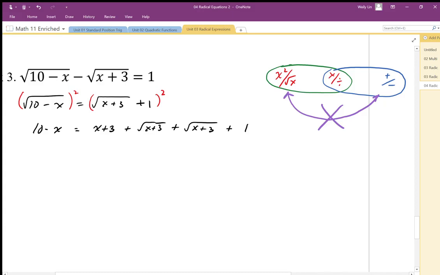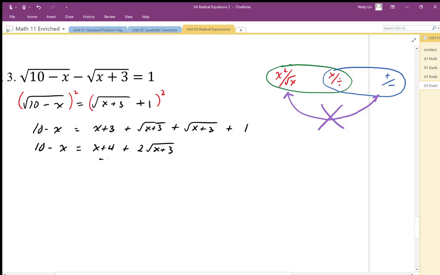When I do this, I still have a square root term that I have to deal with. So first of all I'm going to collect like terms here, and I get x plus 4 plus 2 square root of x plus 3. Then I'm going to isolate this square root, so I subtract x and 4 from both sides.